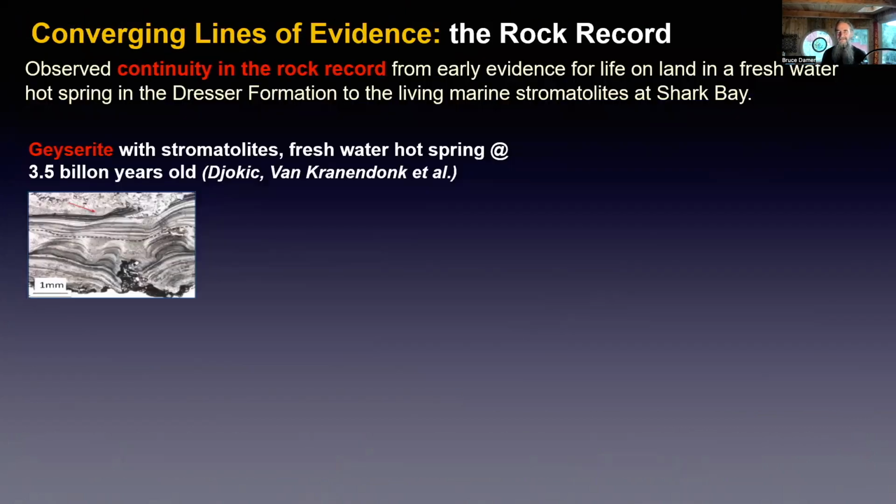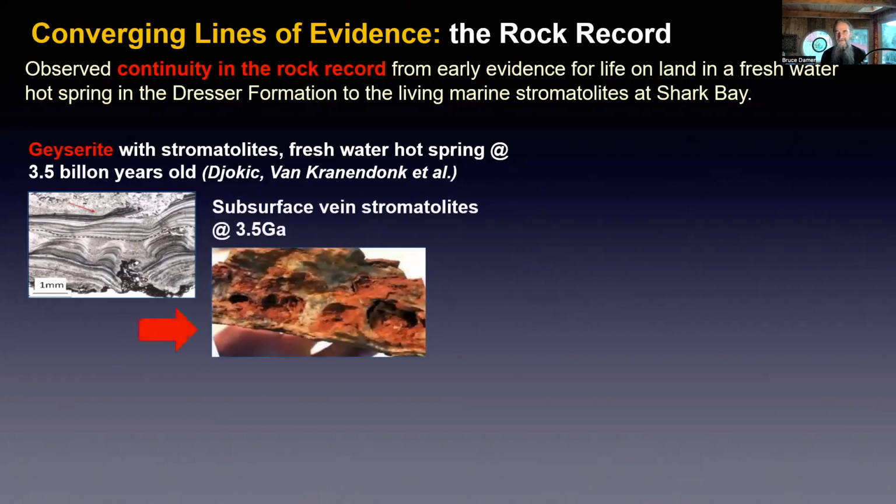The converging lines of evidence I mentioned earlier, the continuity in the rock record, is very exciting. We met our colleagues, Martin van Kranendonk and his whole team from the University of New South Wales, in 2015 when they took us out to the Pilbara, and we saw the discovery outcrop for this geyserite, this sort of striated rock, which was the first evidence of a hot spring on Earth, with evidence of microbialites.